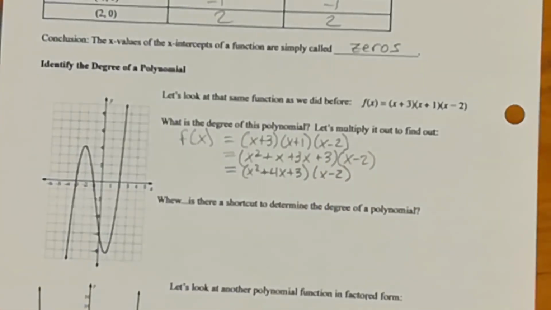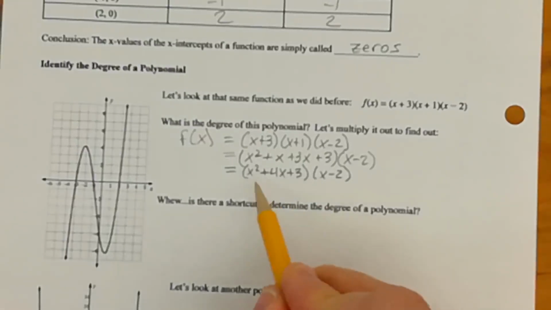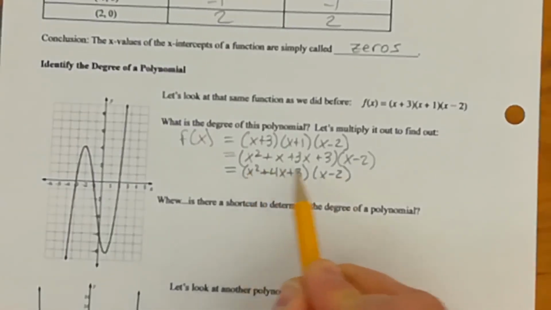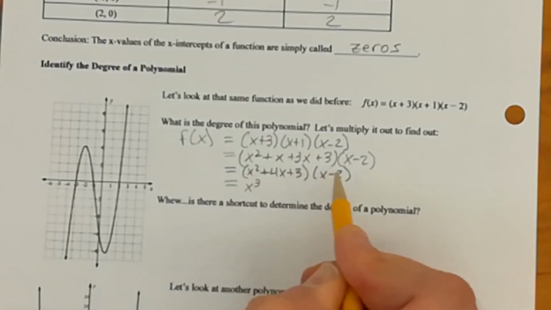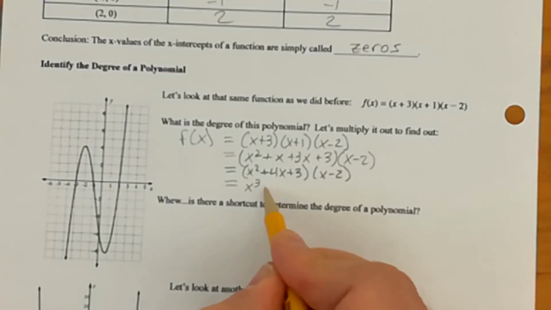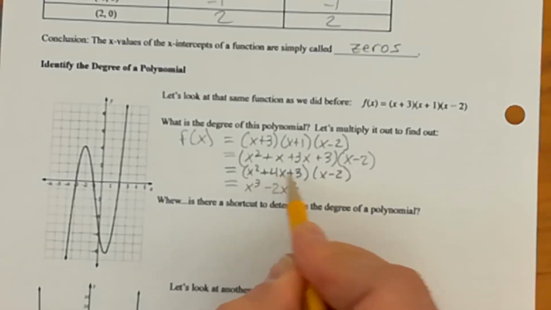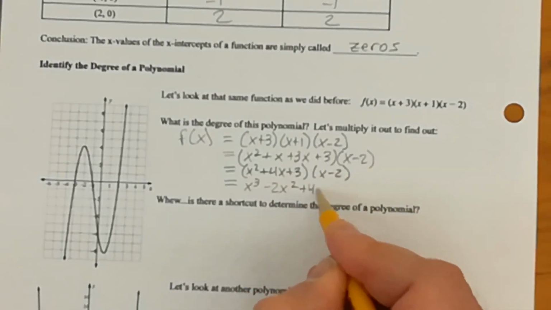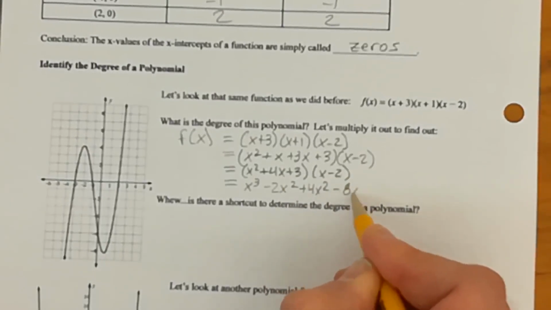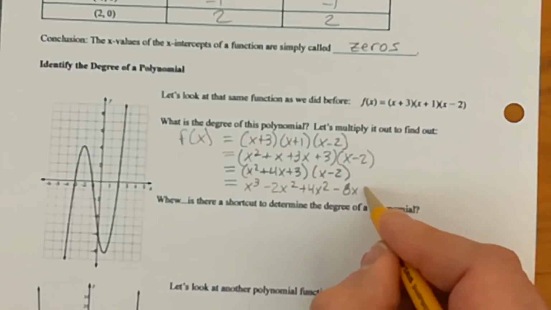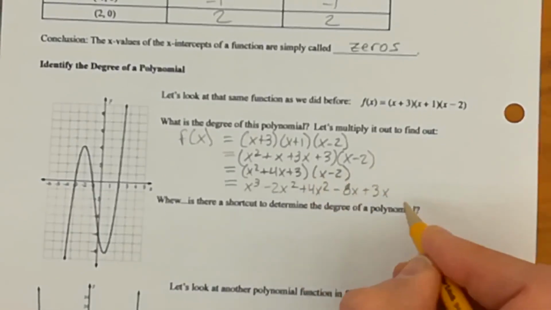And now I need to multiply those together. This isn't exactly FOIL, but it's the same idea. I have to multiply each of these by each of these. So x squared times x is x to the third. x squared times negative 2 is negative 2x squared. 4x times x is 4x squared. 4x times negative 2 is negative 8x. 3 times x is 3x. 3 times negative 2 is negative 6.